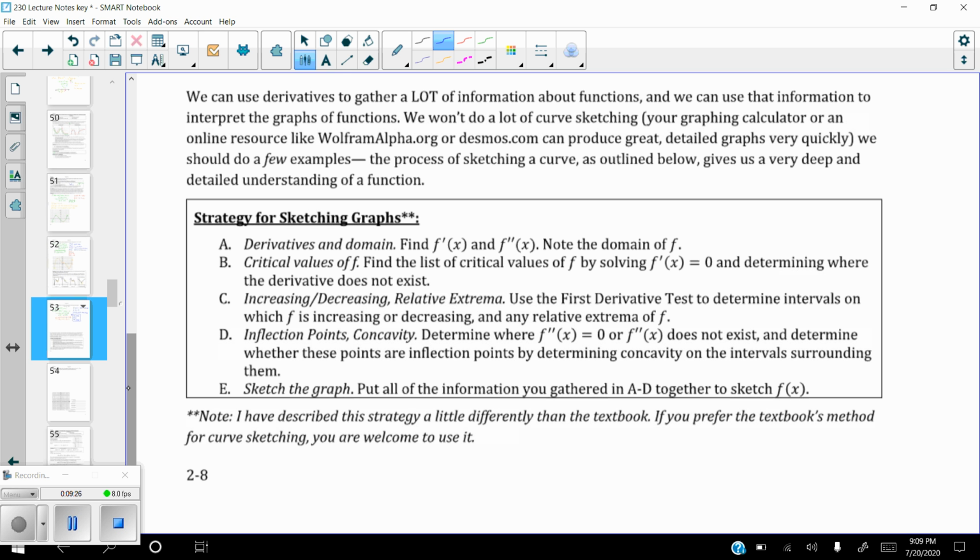Then you're going to get your inflection points by doing the second derivative, seeing where the second derivative equals 0 or does not exist, and then checking the intervals of concavity to see whether you actually have inflection points. And then we can sketch the graph by putting A to D all together. Note that your textbook might actually give this to you in a slightly different method. So whichever method you prefer to use is the one that you should do.